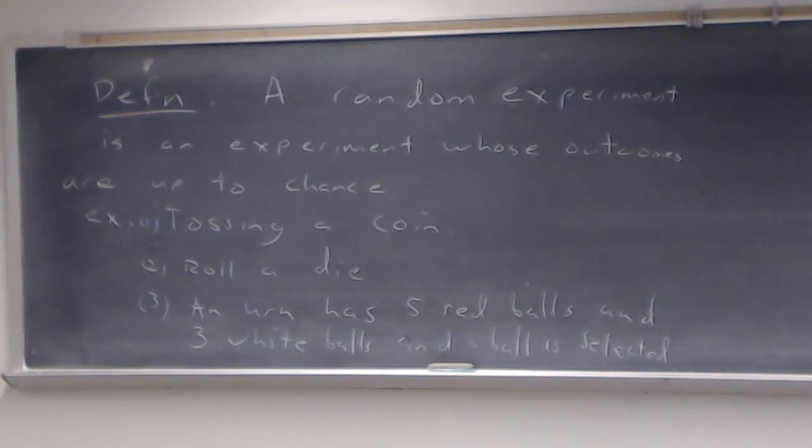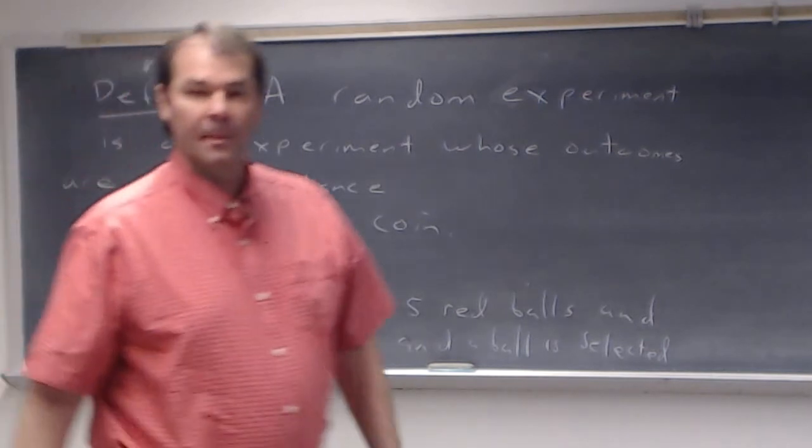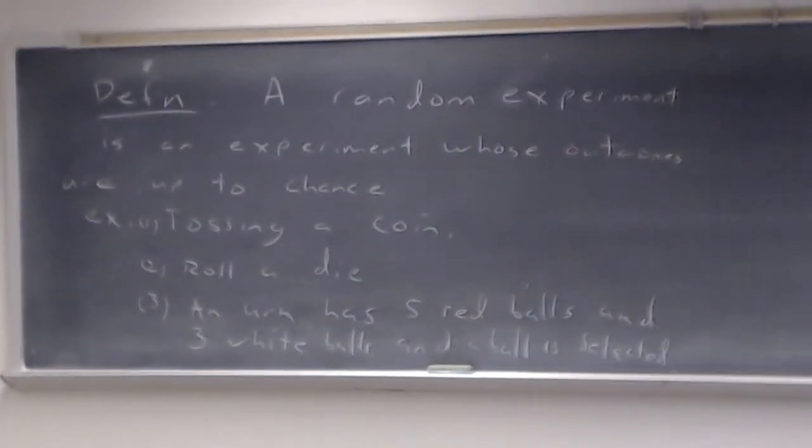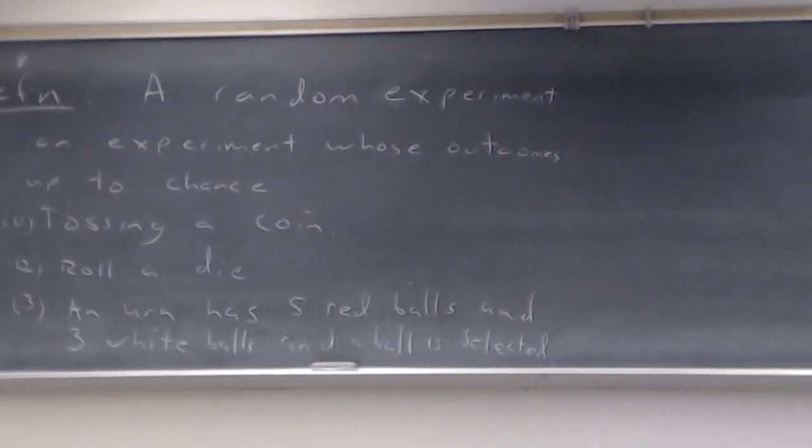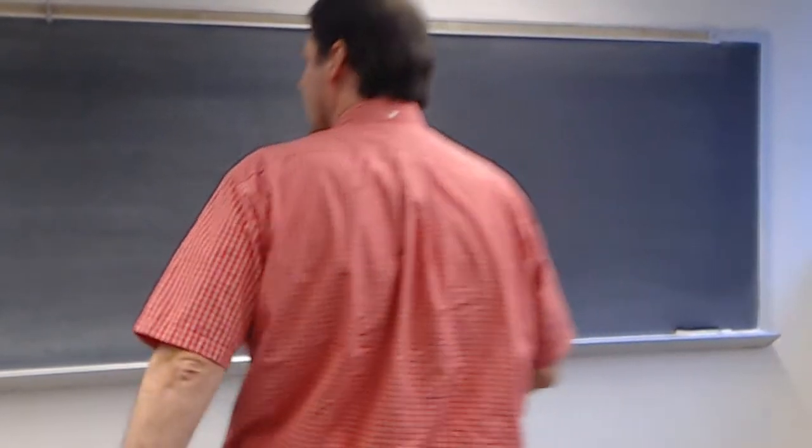So that's another random experiment, because when we select a ball, we don't know whether we're going to get a red ball or a white ball, but we're going to get one of those two. An individual draw, we're not sure which we're going to get. Okay.